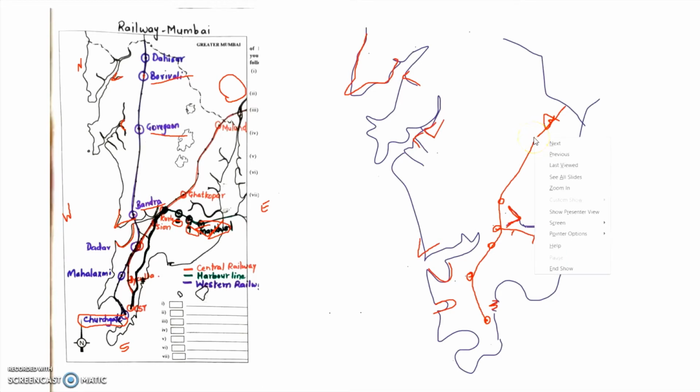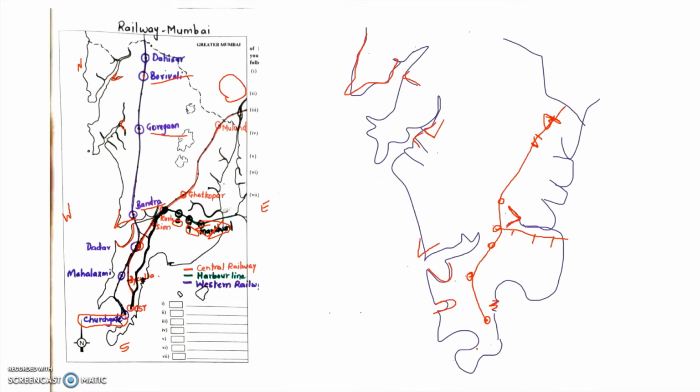So if you just point here, see this is Mulund. So after Mulund there is Nahur. After Nahur, Bhandup. Okay, so you can just locate till Ghatkopar. So if you know the names of the stations, if you are a daily traveler, it becomes very easy for you to recollect all the other stations also.